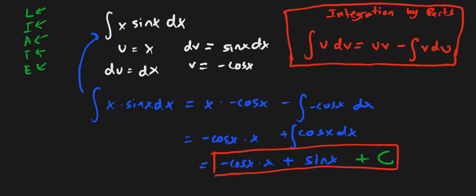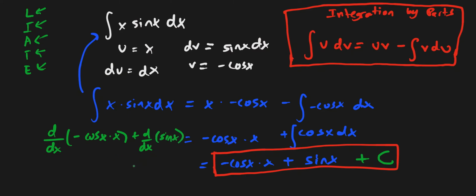Okay, so now we can check our work by finding the derivative of this, and we should get this here, so let's do that. So the derivative of this, we can split it up, and so we get d by dx of negative cosine x times x plus d by dx of sine x.